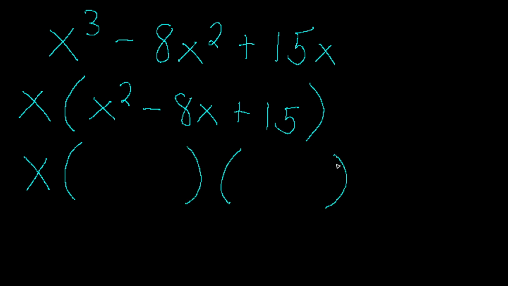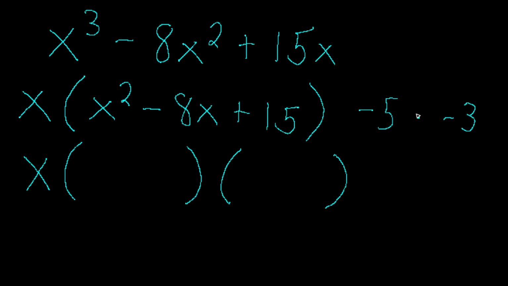All right, so I need two numbers that multiply to 15 and add up to negative 8. So I know that both my numbers are going to be negative, well, maybe not necessarily. But what you end up finding is that it's negative 5 and negative 3.